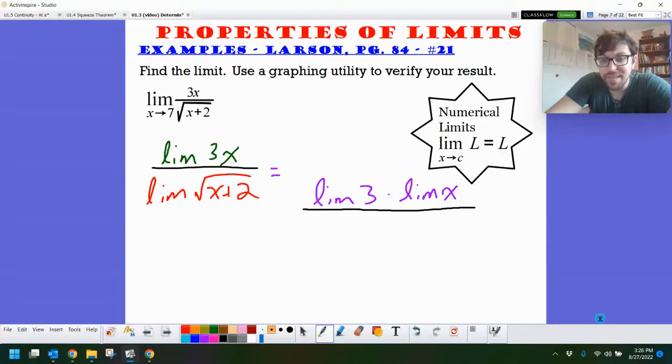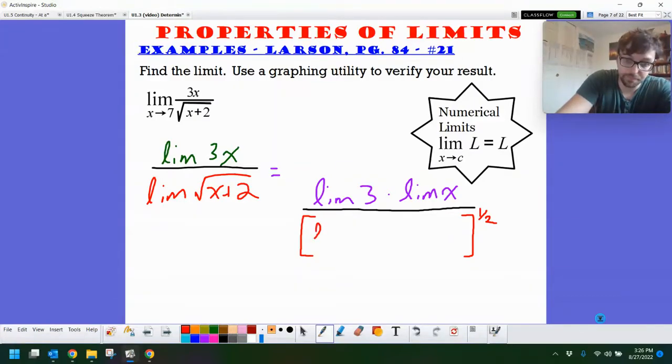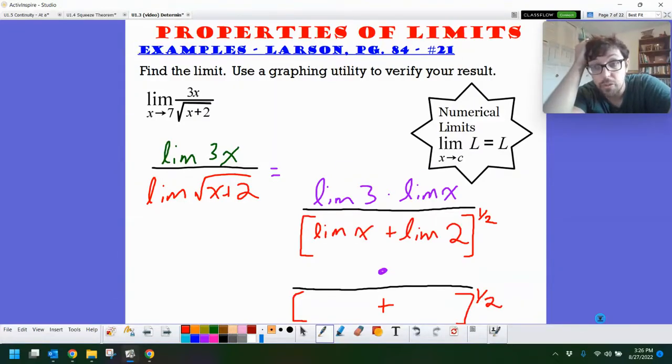On the bottom, we've got that square root. So that square root tells me that I can pull that exponent out, okay? So I'm going to make a big kind of bracket with a 1/2 exponent, and then break up those two pieces that are inside of the limit.